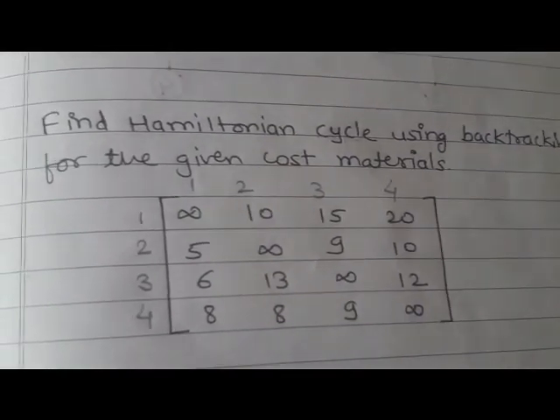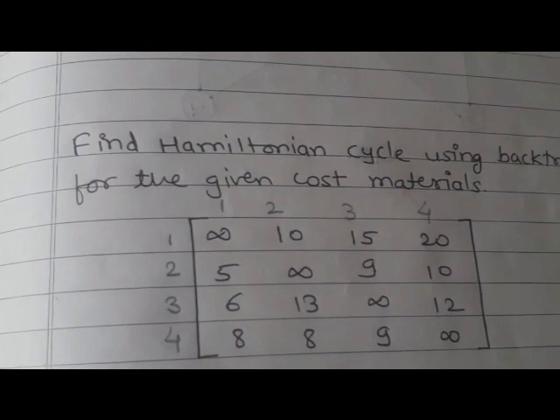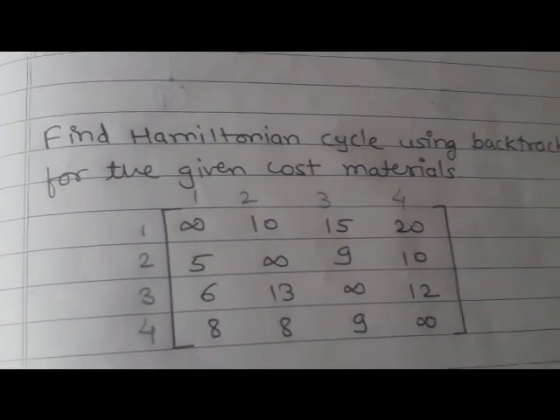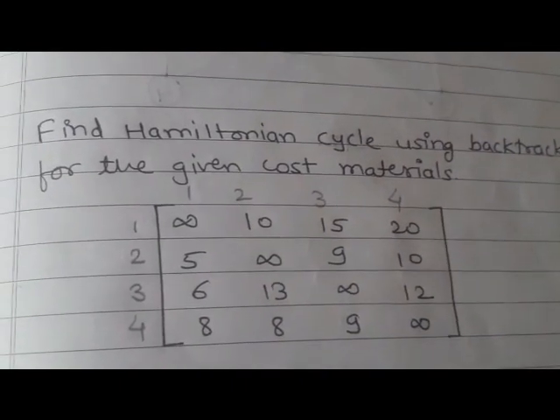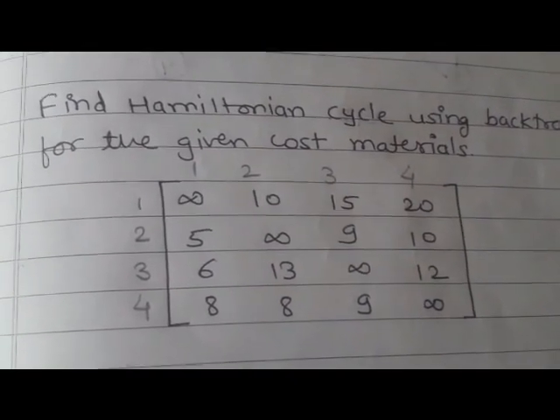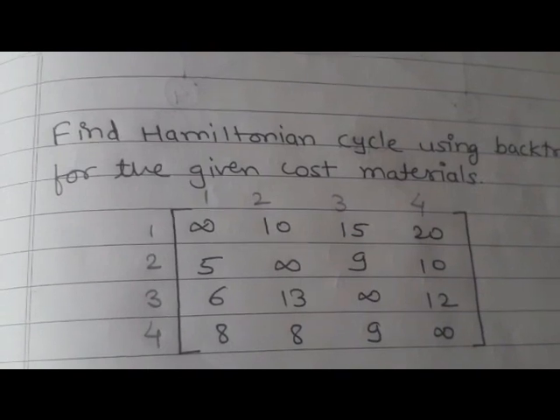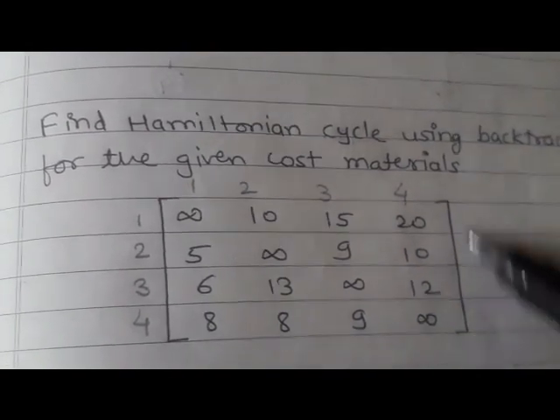Now we will see one more example of a Hamiltonian cycle: find the Hamiltonian cycle using backtracking for the given cost matrix. Here the cost matrix is given in matrix form.